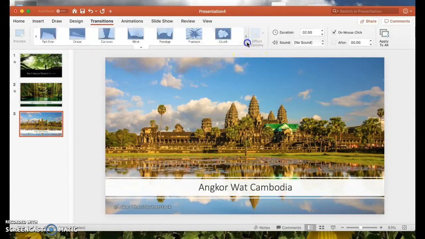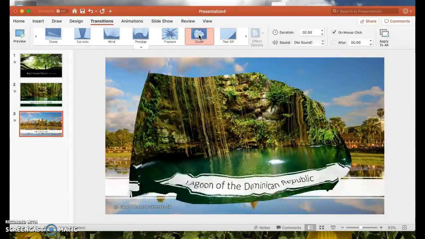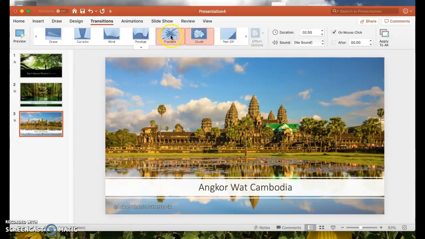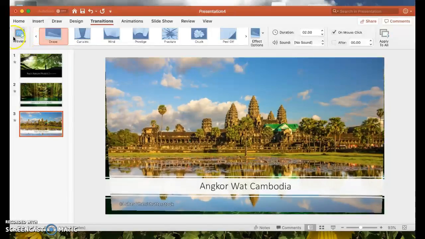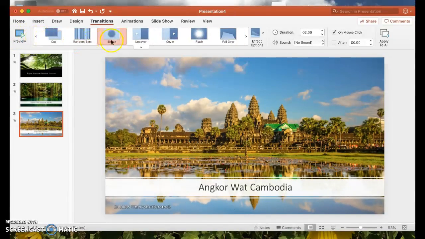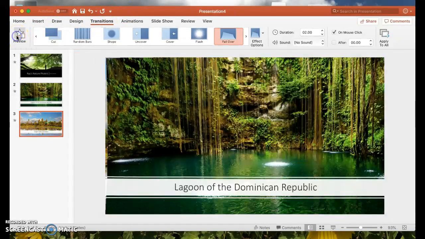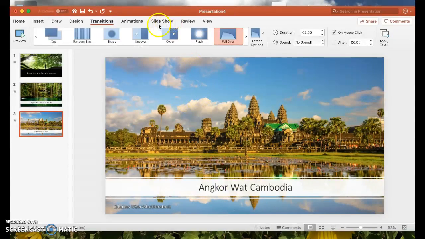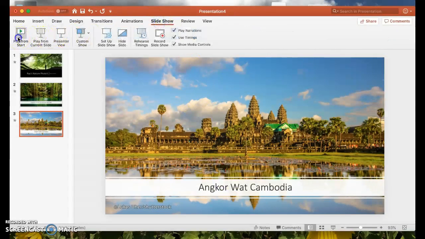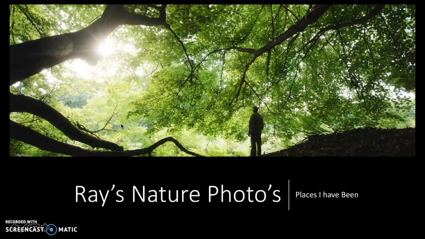Then we'll do our next slide here, and we could even do a crush like that if you guys like that, or peel off, or a drape, kind of just taking it away. But for mine, I like maybe the fall over, so we'll just keep it like that. Now we'll preview the whole slide, or no, it's just previewing the one slide. So we're just going to go to slideshow, play from the start, and that's the way it's going to look there.